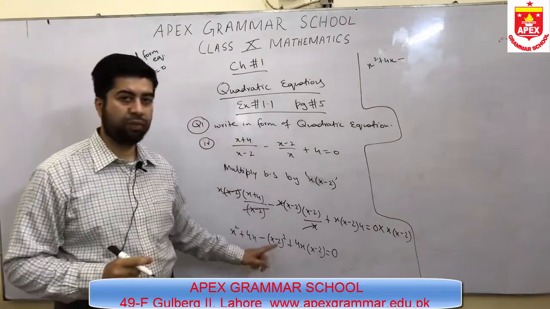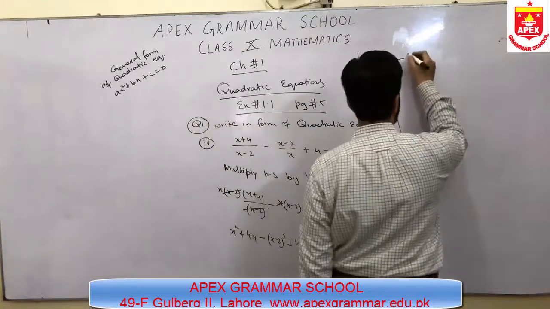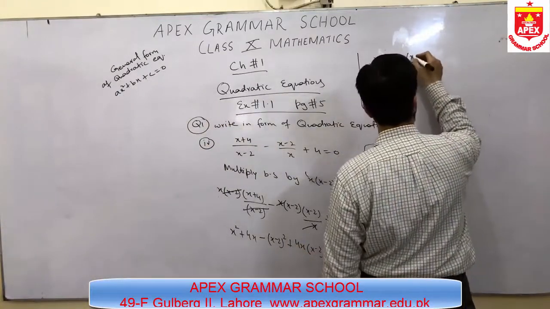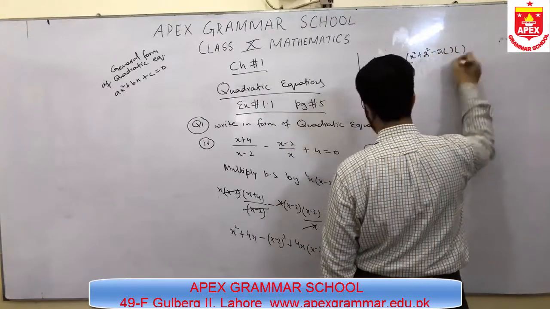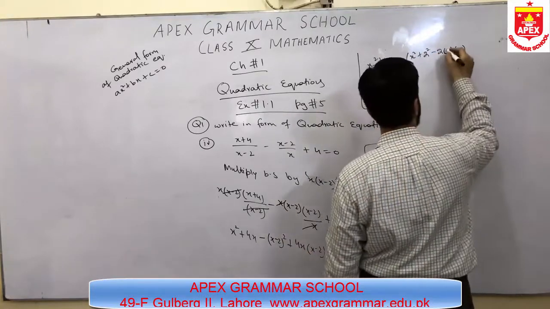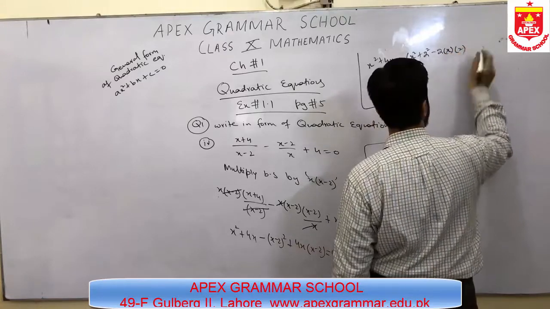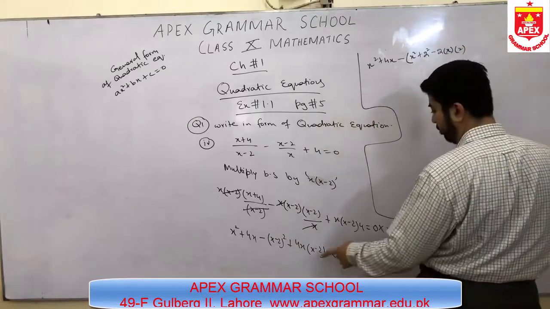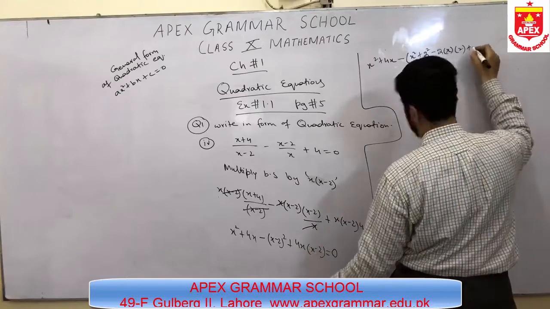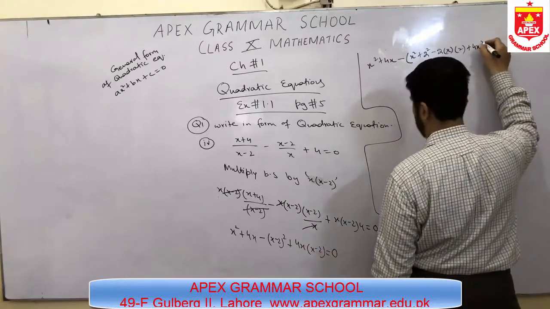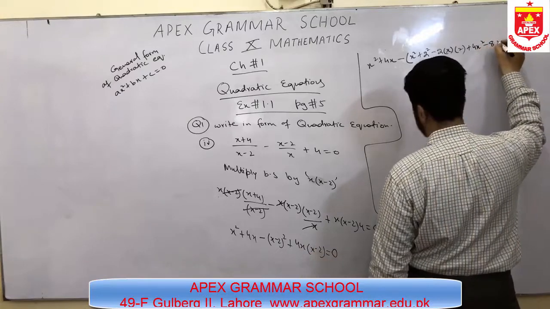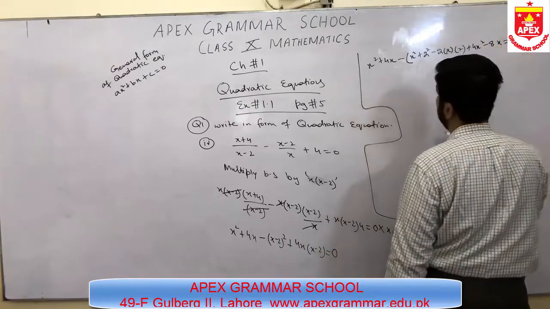So write it now in the form of the formula, minus, in brackets, x square plus 2 square minus 2ab. The value of a is x, the value of b is 2, and after that plus 4x is going to multiply with this x, 4x square minus 8x is equal to 0.